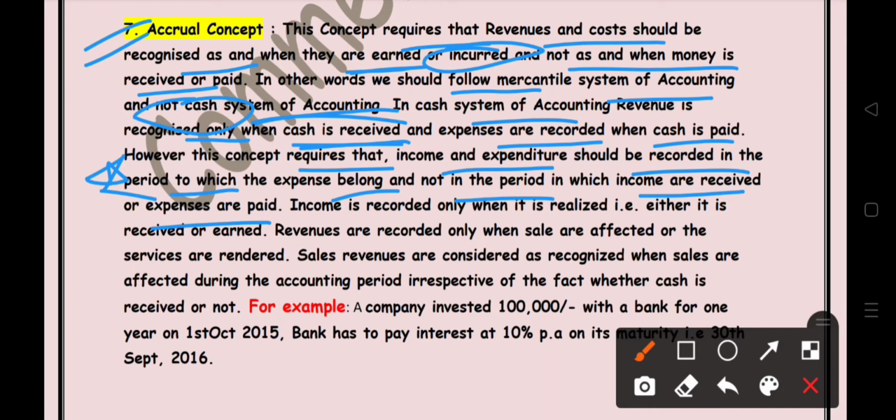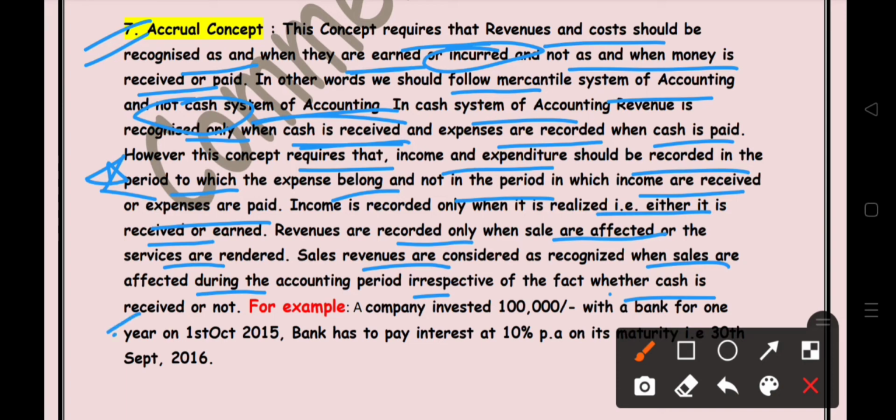The income is recorded only when it is realized, that is, either it is received or earned. Revenues are recorded only when the sales are effected or services are rendered. The sales revenue is considered recognized when the sales are effected during the accounting period, irrespective of whether the cash is received or not.